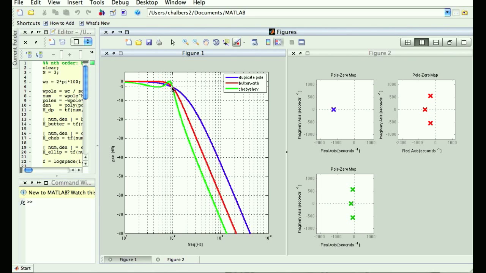All right, but we said the Butterworth filter is not as good at rejecting frequencies as the Chebyshev filter, right? At any given frequency, the Chebyshev filter, the green one, is giving you more rejection than the Butterworth filter, even though they're both, in this case, third order filters. You with me? Okay, so I do want to summarize what we're looking at.